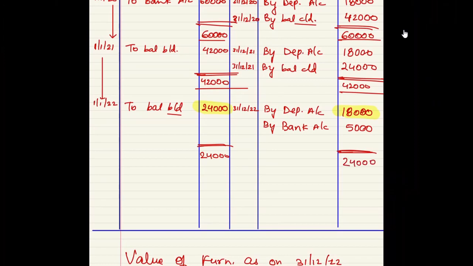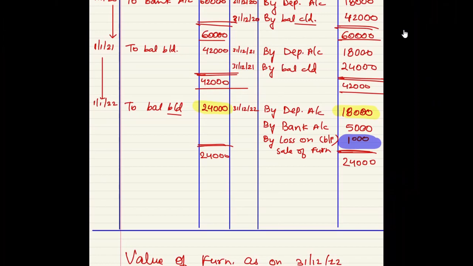So if there is a balancing figure on the credit side, that means it is a loss on sale of furniture. This is the balancing figure which we have calculated, 1,000 rupees.